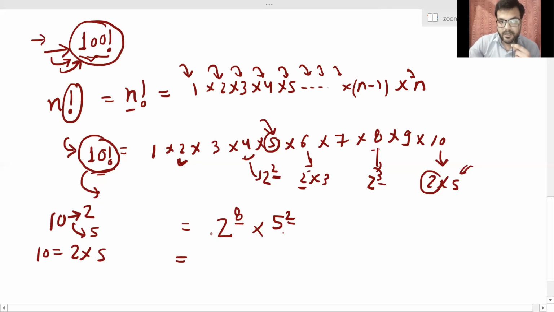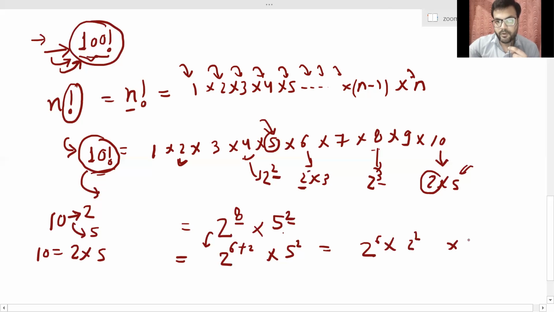Okay. So ultimately, if I break down the power of 2, it can be broken as 2 raised to the power 6 plus 2 into 5 to the power 2, which could be further broken as 2 raised to the power 6 into 2 raised to the power 2 into 5 raised to the power 2.